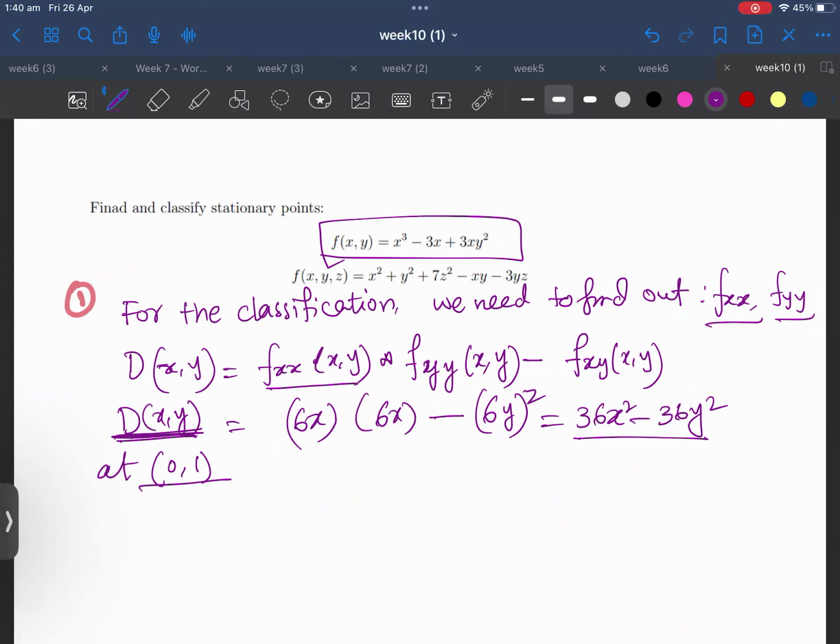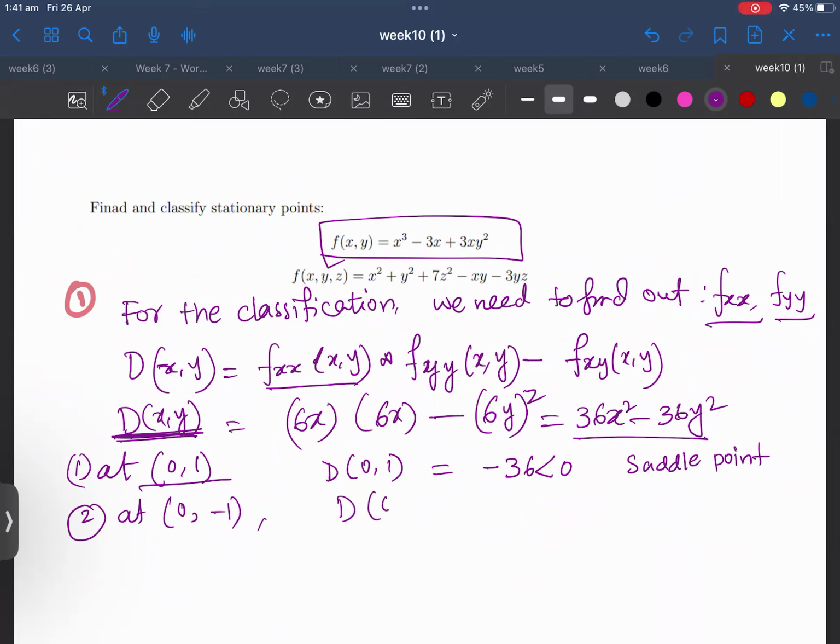So at 0, 1, D of 0, 1 equal to minus 36, which is negative. So this is a saddle point. Similarly at 0 minus 1, D also gives you negative, so it is a saddle point. Same thing.